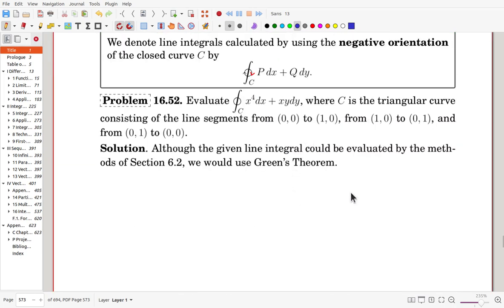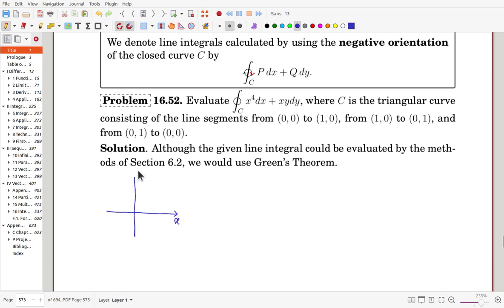Okay, let's try to solve this problem. Evaluate the integral. Now, C is a triangular curve consisting of the line segment from (0,0) to (1,0), then (0,1), and coming back to the original position. Let's try to visualize the domain. This is the x and y coordinates.